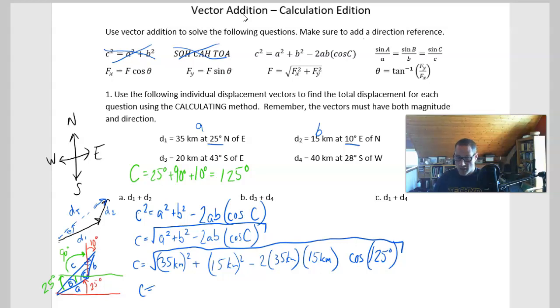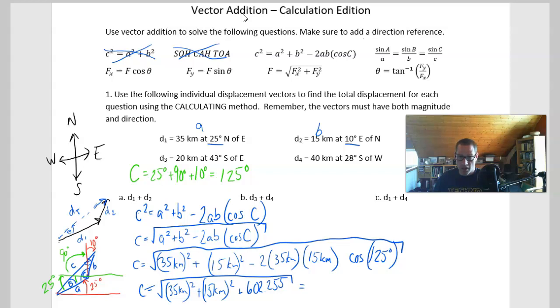Okay, so I get something like this. Again, I'm just putting this in smaller steps. I haven't done the square terms here. But it ends up being something like 0.255 and some more digits there.